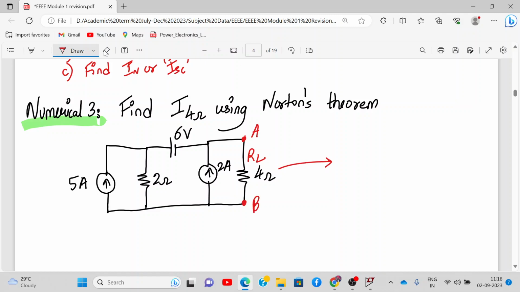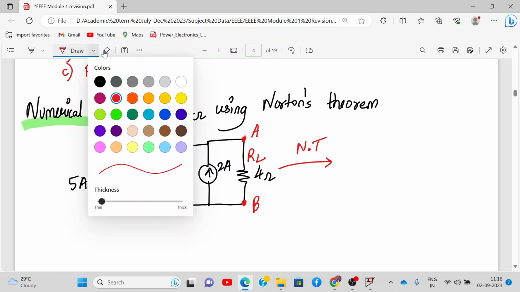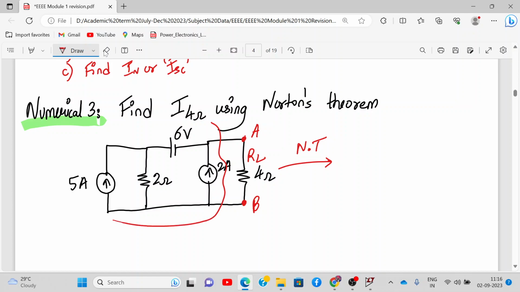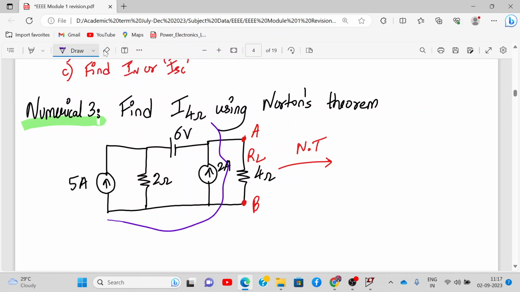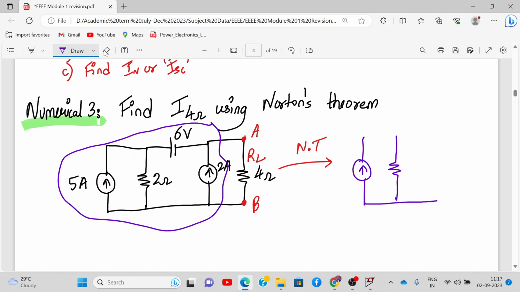Now what does Norton's theorem do? Norton's theorem will reduce this complex network. This is my complex circuit. I'll replace this complex circuit with a current source in parallel with a resistance across A and B. This resistance is RN and this is IN.